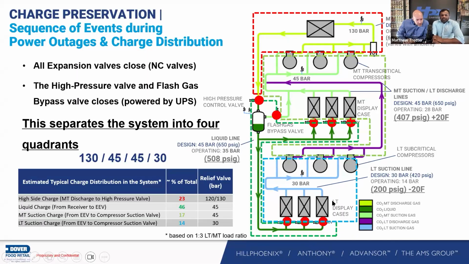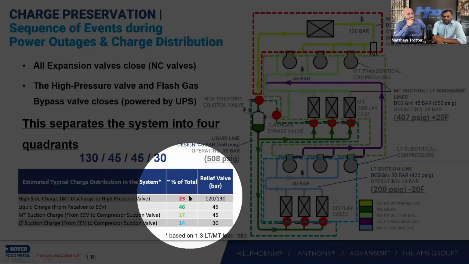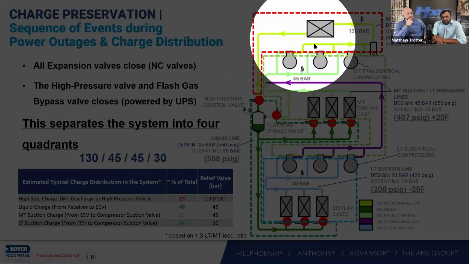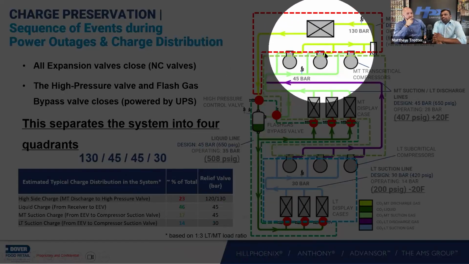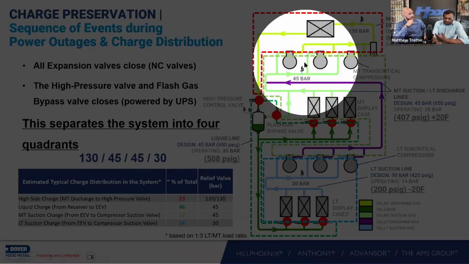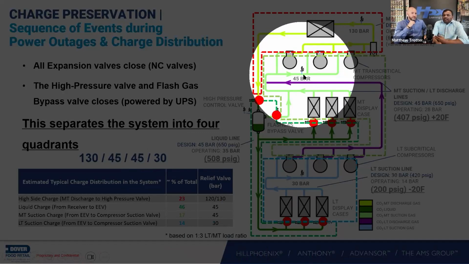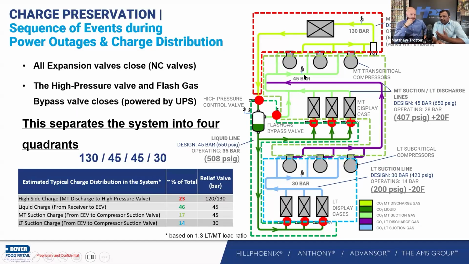Why this is important: now you have the 23 percent of the charge. In this quadrant, the compressor discharges at high pressure and high temperature during normal operation. The temperature can be 180 degrees or 200 degrees depending upon the ambient, and the pressure can be from 650 to 1600 psi. When we lose the power, the ambient may be 95 degrees or even 98 degrees.